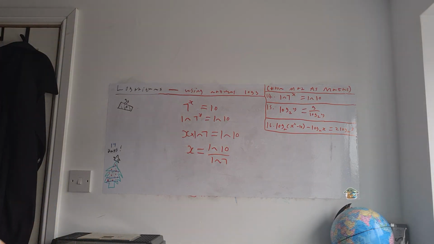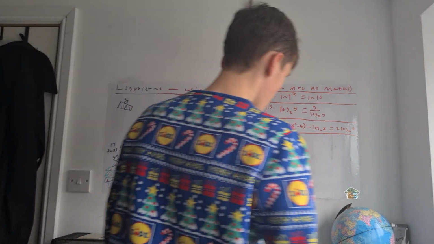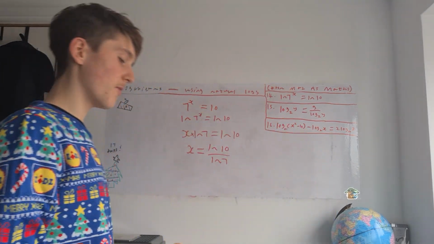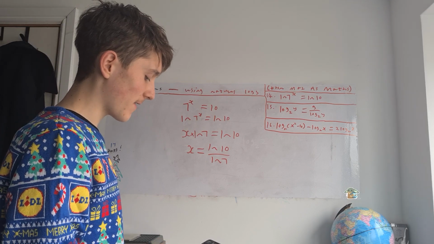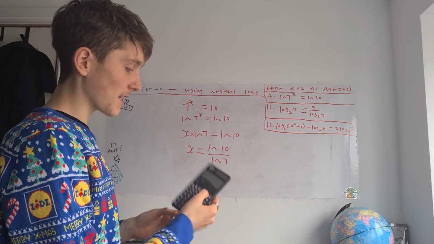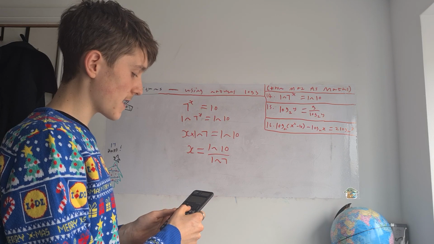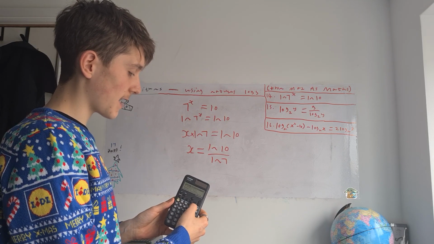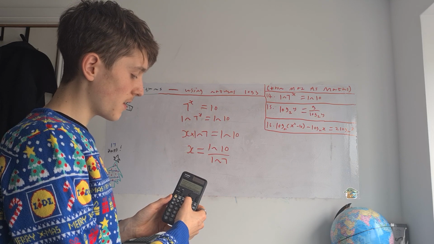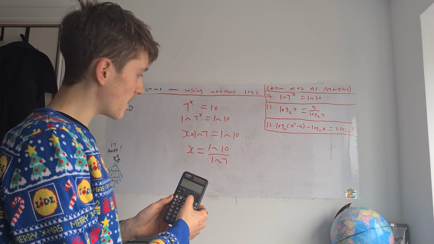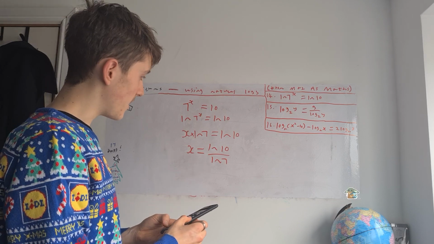Okay, and now all you have to do to solve that is quite easy. You just put that in your calculator. If you have the Casio FX991, like I do, you press catalogue, function analysis, and you go down to natural logarithm right there. Okay, and then you just do it.